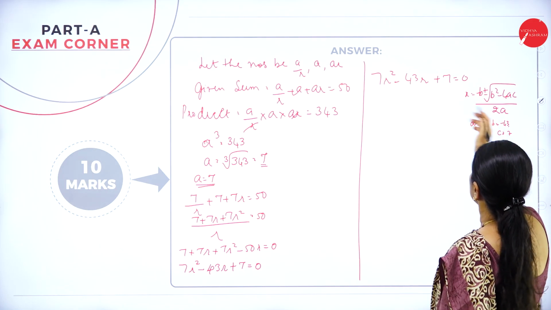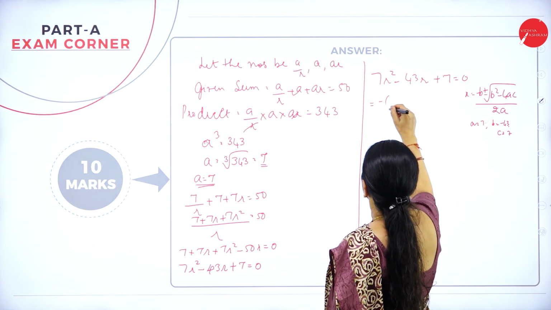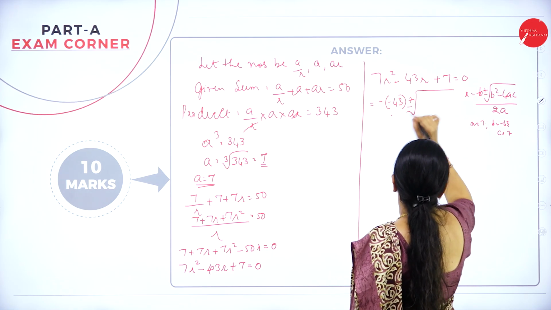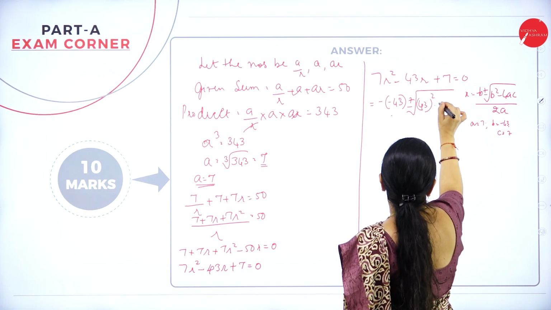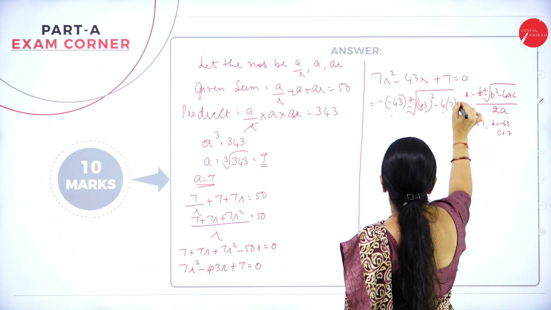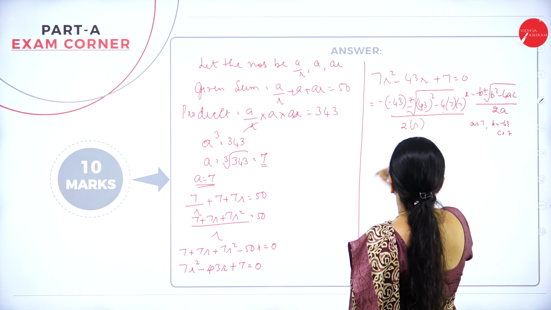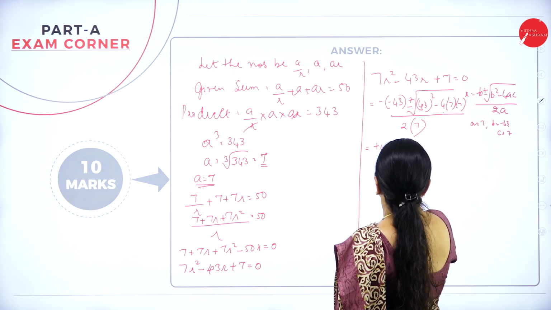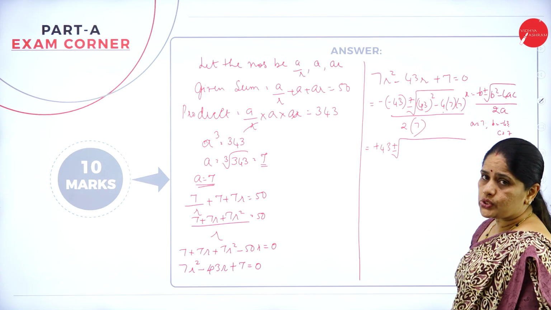So, I substitute the values in the formula. So, this will be minus of minus 43 plus or minus root of 43 the whole square minus 4 into 7 into 7 whole over 2 into 7. So, this will be 43 plus or minus root of 43 the whole square.